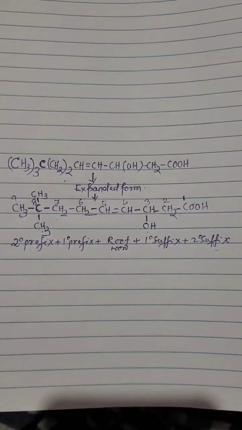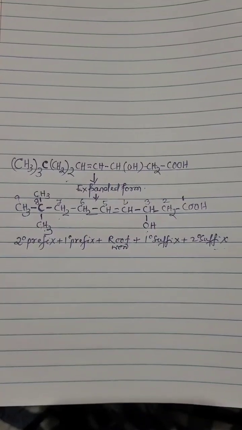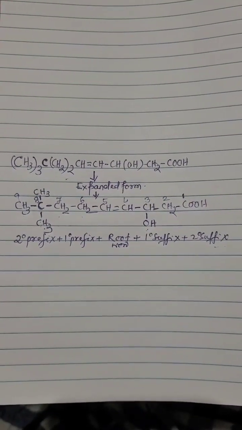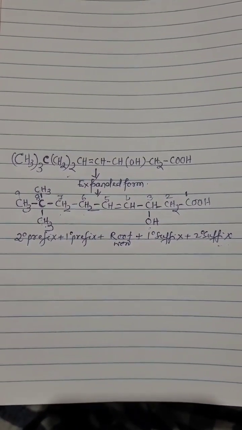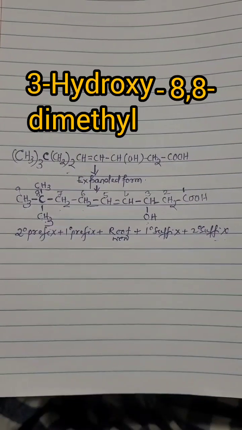But 3-hydroxy should be written first because H of hydroxy comes before M of methyl in alphabetical order. Secondary prefixes should be written in alphabetical order. So I should write 3-hydroxy-8,8-dimethyl.